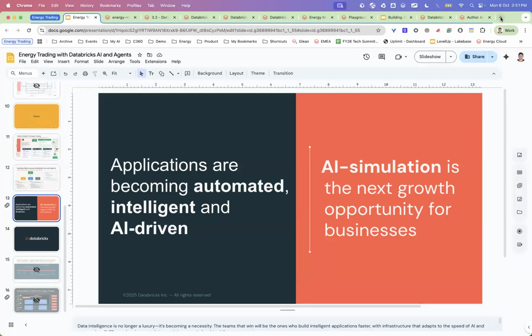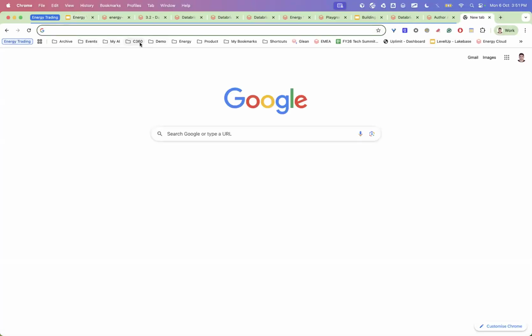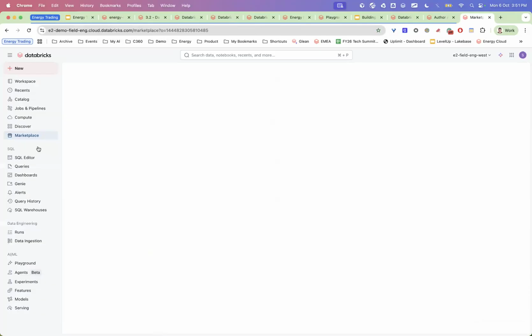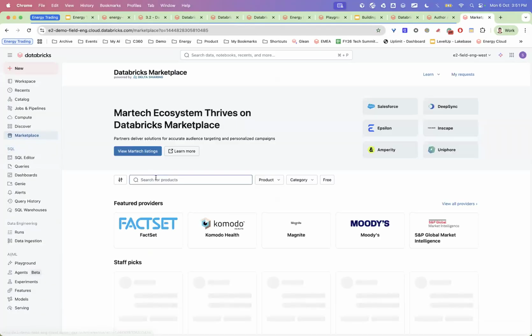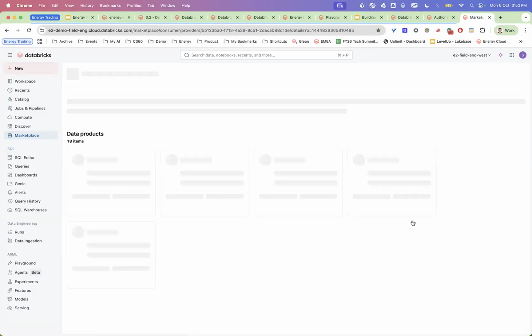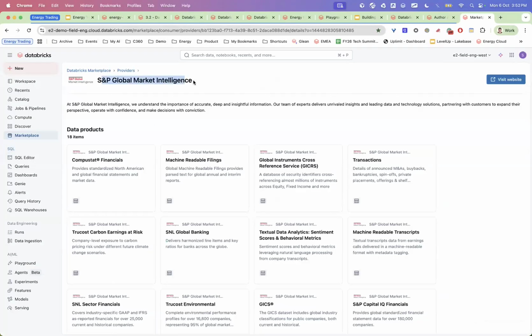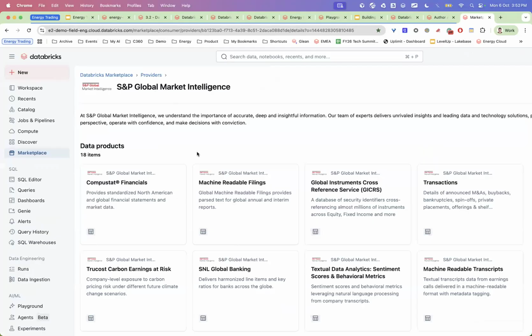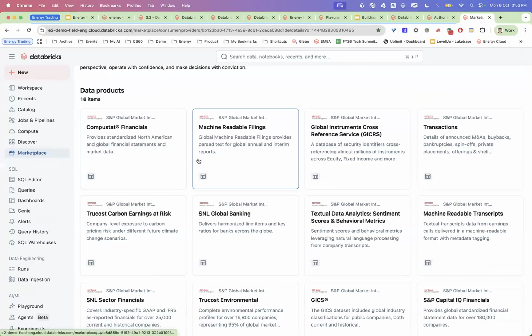Yeah. So if you go to the Databricks marketplace, I think we have some market related data ready now. You see this marketplace, and for example, Standard is an S&P Global Market Intelligence. They are a Databricks customer and a Databricks partner. So they actually provide these data sources into the marketplace, so you don't have to connect with them separately.